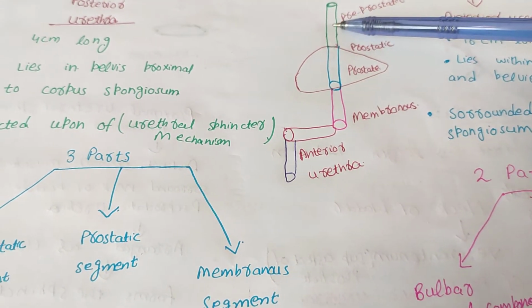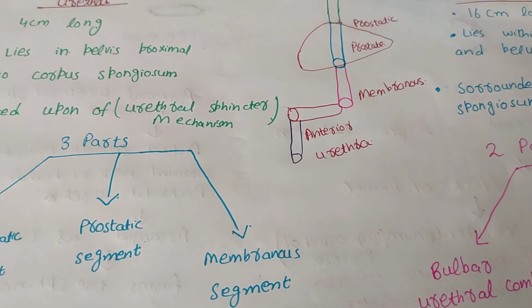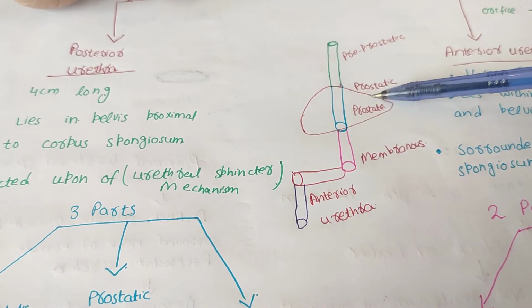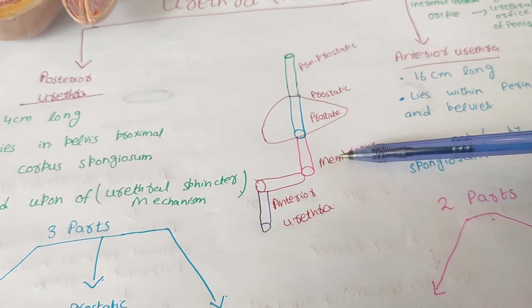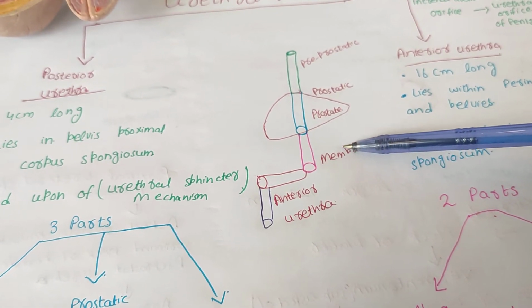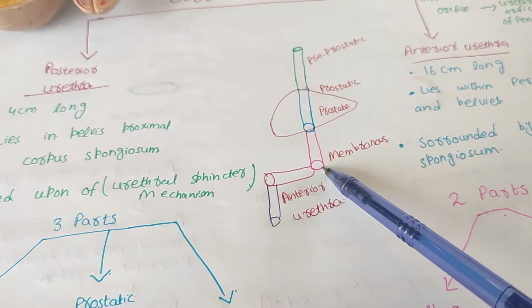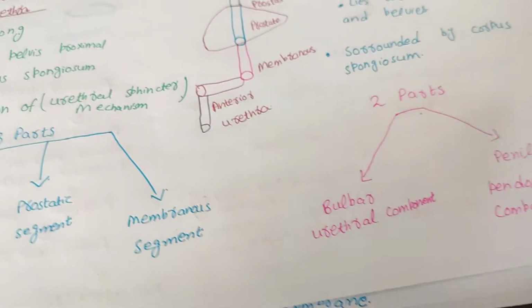First we will have the green one, preprostatic, then comes the prostate gland. The preprostatic lies above the prostate gland, while the prostatic segment will lie within the substance of the prostate, and the membranous segment of the posterior urethra will lie below the prostate. After the membranous segment there is a slight tilt, and then we have the 2 parts of the anterior urethra.